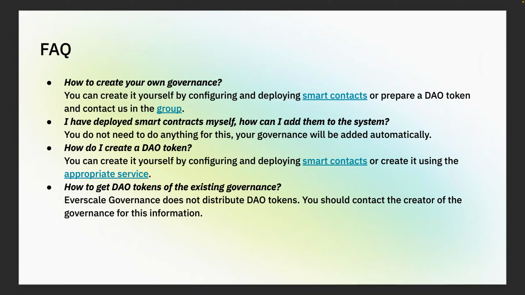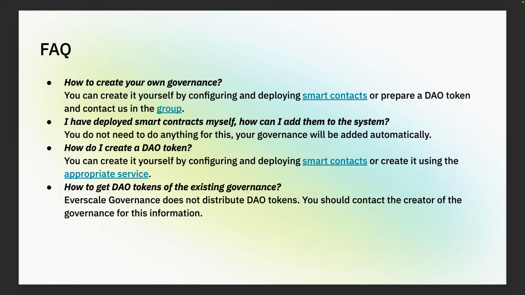If you deployed your SMV contract, it will appear in our system, because our client uses the contract hash to find governances in the network. So you can create your DAO tokens by yourself, configuring and deploying smart contracts, or create them using Swap Builder, as I said.